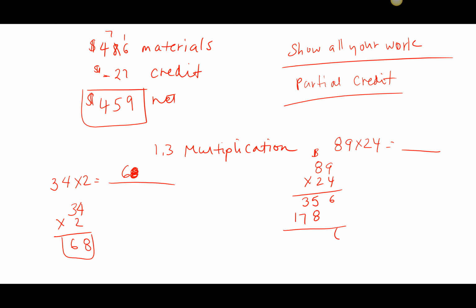So you just keep everything lined up and do your math. And there's your answer, 2,136. Okay? So that's multiplication. Again, I'm only doing a few of these because hopefully it's just a review for you. If you need any more help, just let me know and we'll work some more problems, okay?